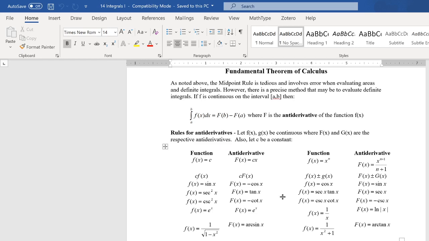So here's a list of functions in the first and third columns here, and their antiderivatives. Now here's something that's nice. If you remember your derivatives really well, you've basically already got this memorized.